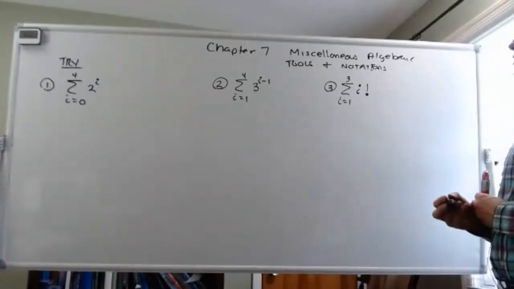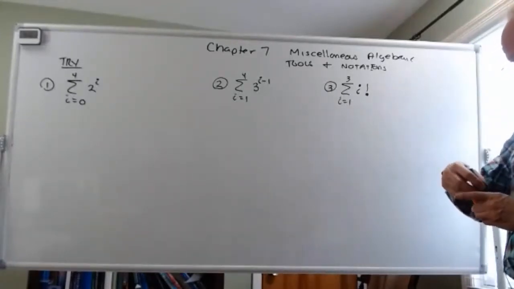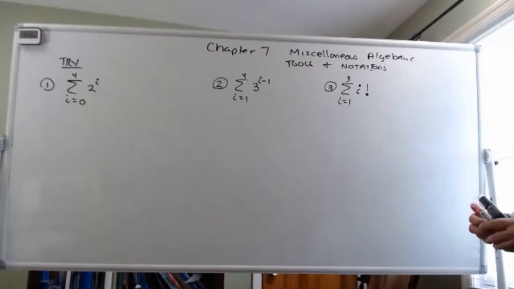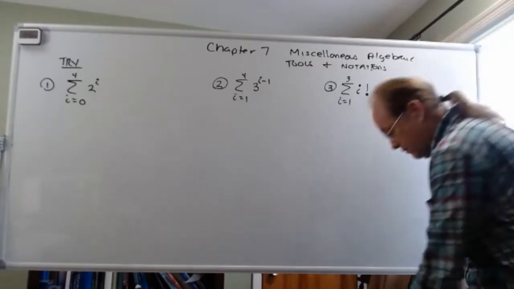There's a factorial in there too. So see if you can write them out long form and then write out their final value.